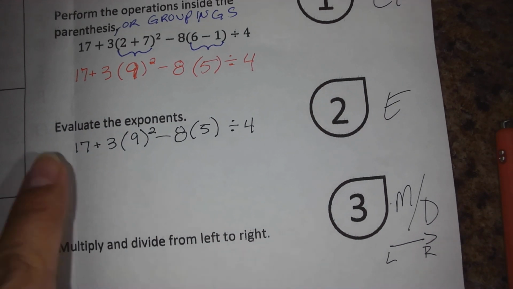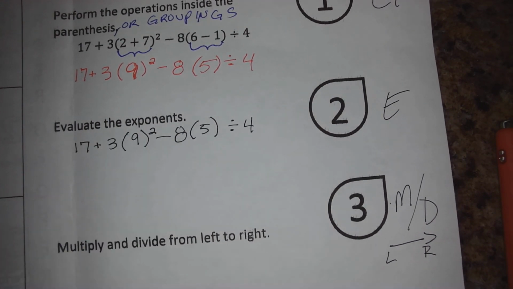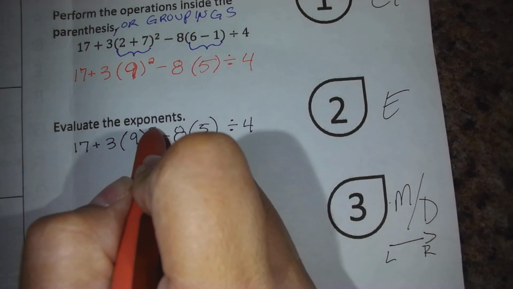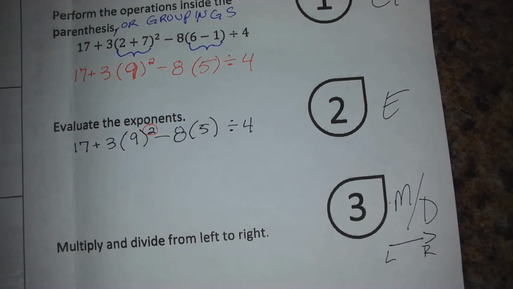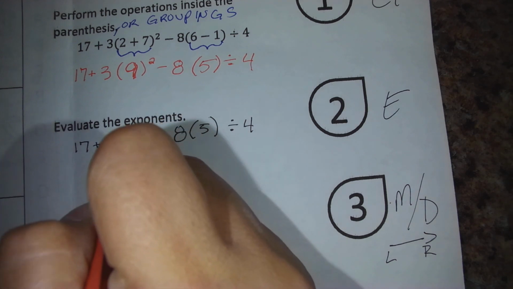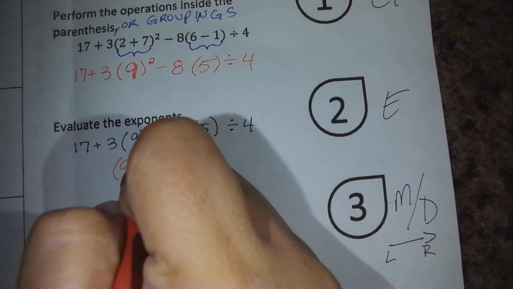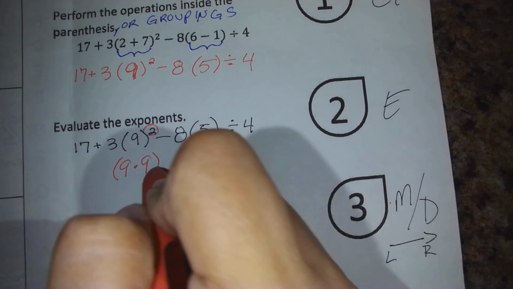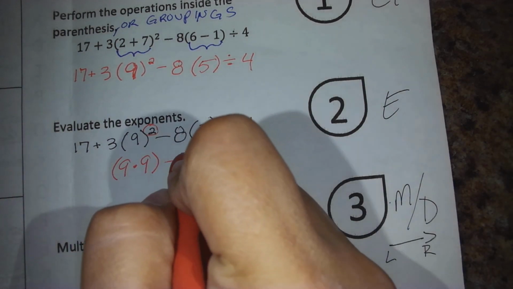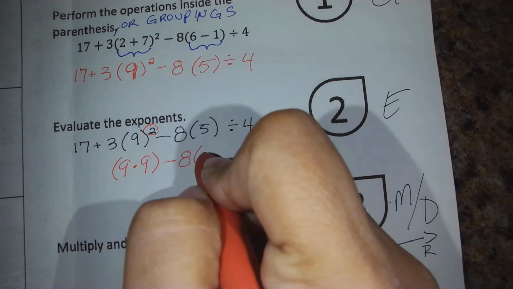Okay, we're going to deal with the exponents. So we have one exponent right here. Is that the only exponent? Yes, it is. So this actually turns into 9 times 9. If you remember, not 9 times 2, 9 times 9. I'm going to copy everything else again.